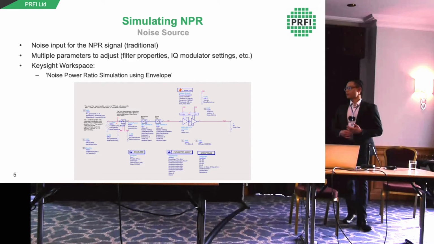There are multiple parameters that you can adjust here if you want. You could adjust the IQ modulator settings, or you could adjust the filters, but it's generally good to go straight away. You just need to replace their amplifier with your amplifier. The other parameters have some effect on the performance, but it's not major, so for our simulations, we mostly just kept them as they were.